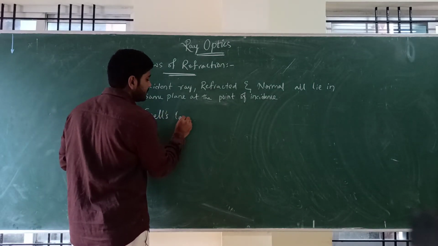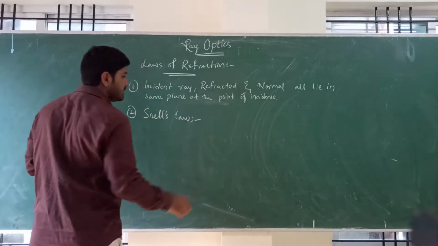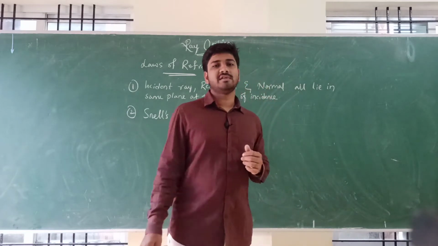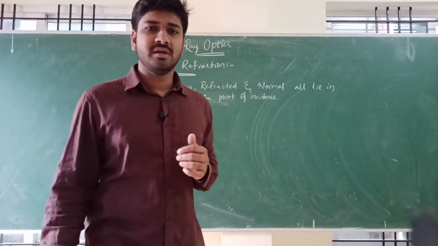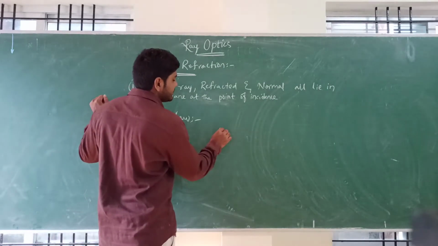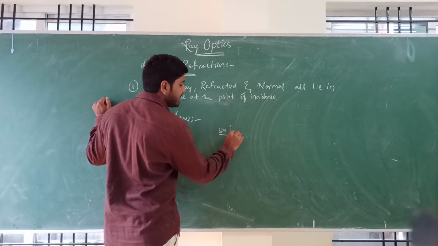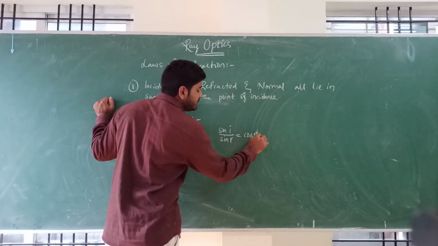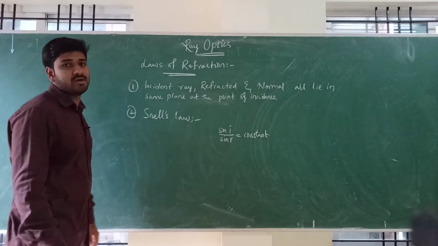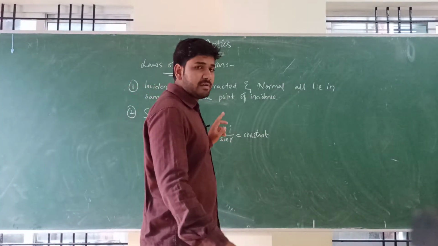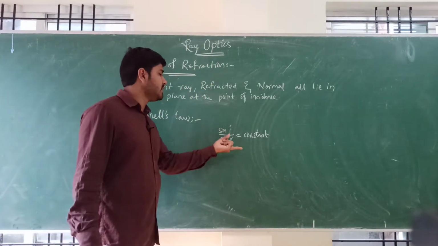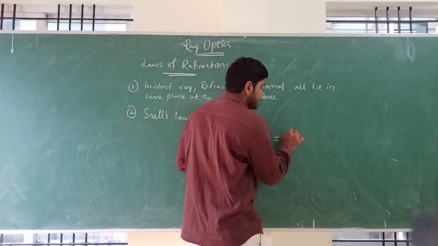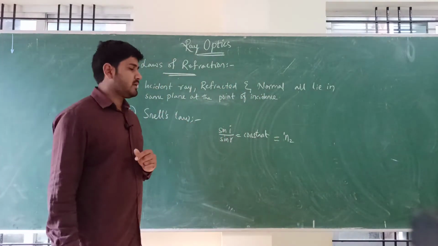Snell's law. What does it say? The ratio of the sine of the angle of incidence to the sine of the angle of refraction is constant. That is, sine i by sine r is constant. This constant is the relative refractive index, n21.